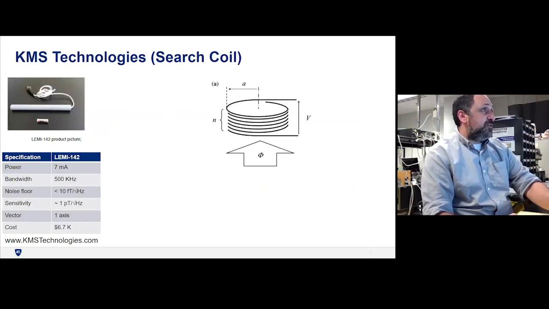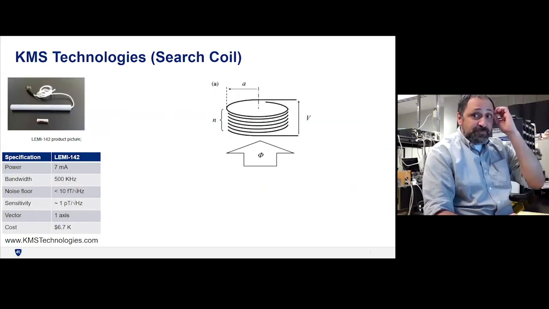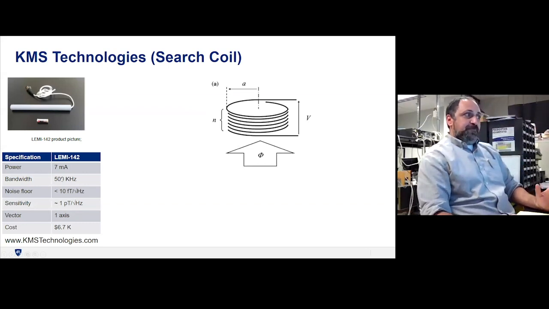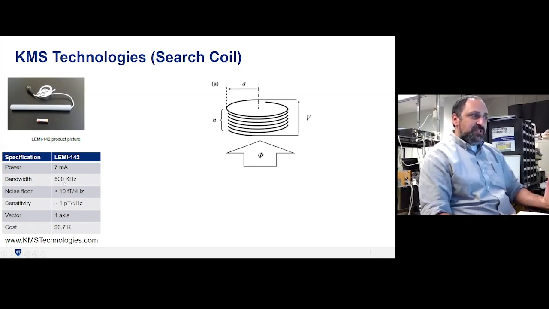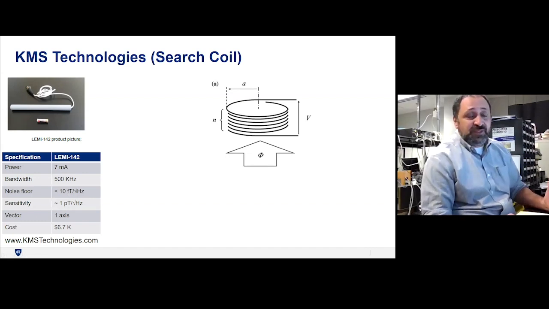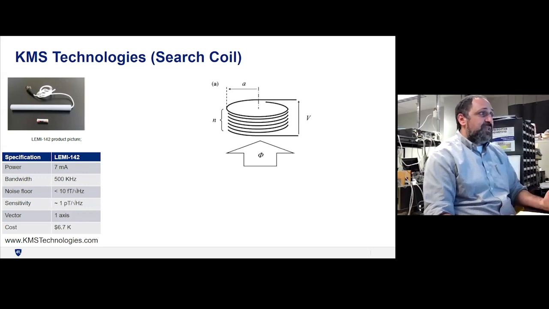So here's the first magnetometer. It's low power. It has a fairly high bandwidth. You can measure signals up to 500 kilohertz. It has femtotesla sensitivity, that's 10 to the minus 15. It's very sensitive.